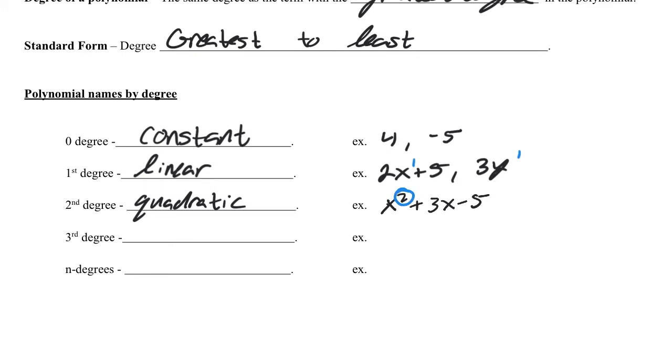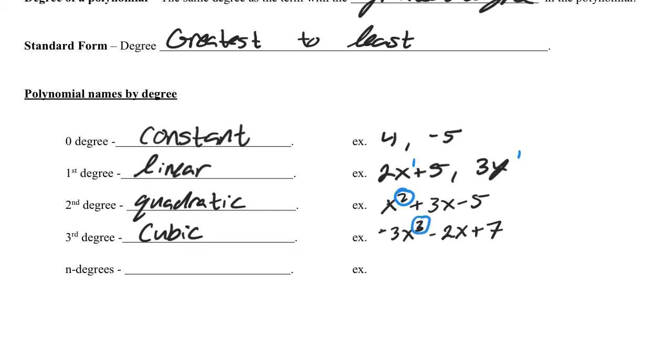All right, third degree, this is cubic. And it might look something like -3x cubed, or x to the third, minus 2x plus 7. So here our highest degree is that 3.